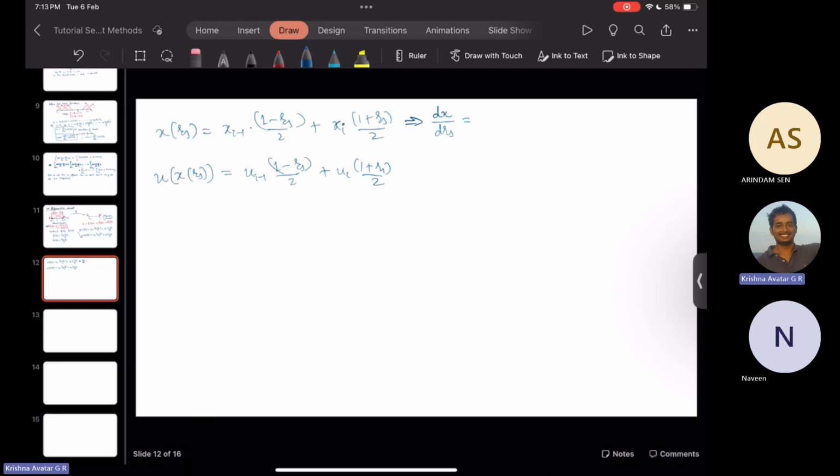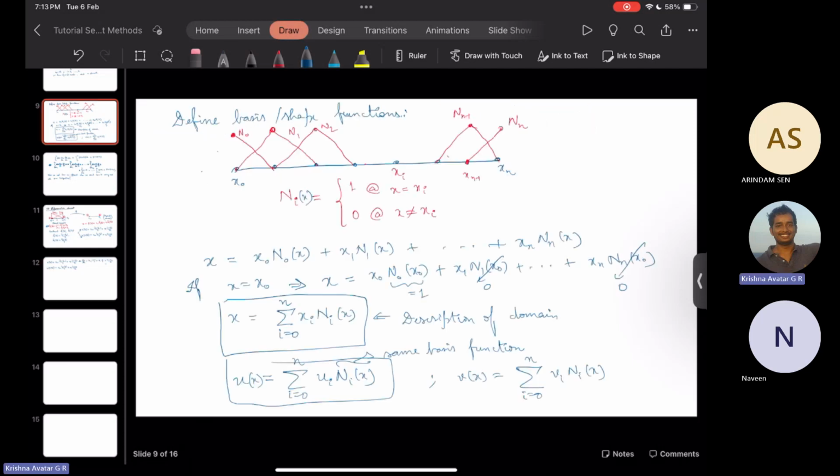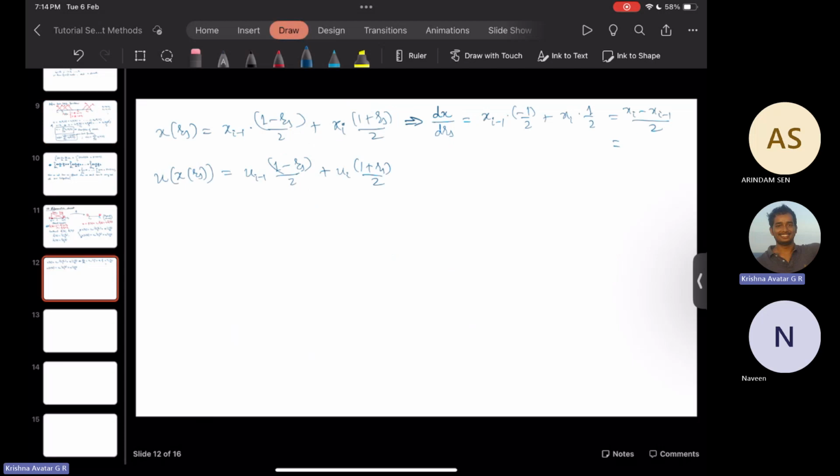This is not very hard, since xi minus 1 and xi are constants. So this is xi minus 1 into minus 1 by 2 plus xi into 1 by 2, right? So this gives us xi minus xi minus 1 by 2, and we recall from our geometry here that this is an equispaced domain. Given that x1 minus x naught is equal to h and x2 minus x1 is also h, we'll just have this to be h by 2.